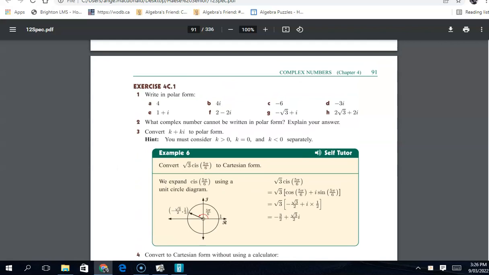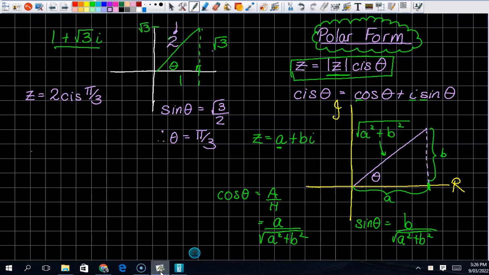Right? And think about, do I even need a calculator to work out the polar form of things like 4, 4i, and minus 6? Because what I want you to do is I want you to think about where they sit on your argand. So, where is 4?